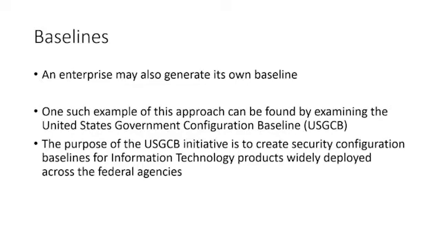Now, an example of an approach is found by examining the United States Government Configuration Baseline. So they established their own baseline, the USGCB. The purpose of this initiative was to create a security configuration baseline for IT products widely deployed across federal agencies.